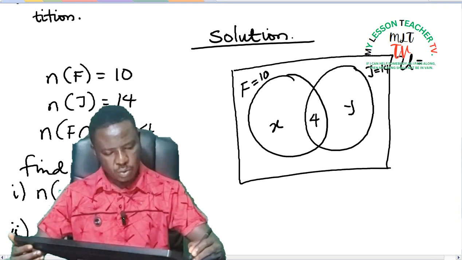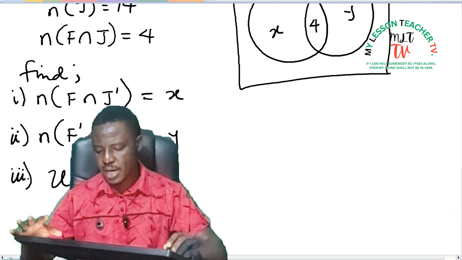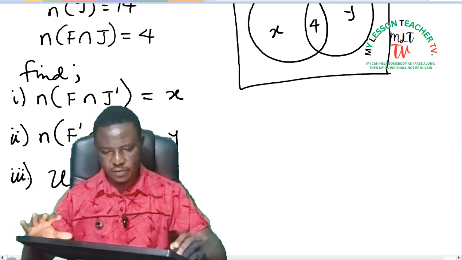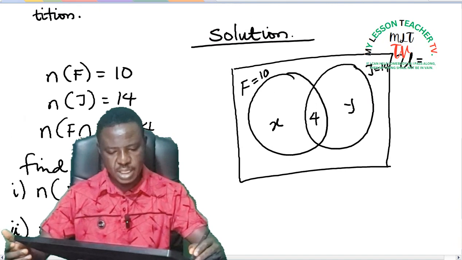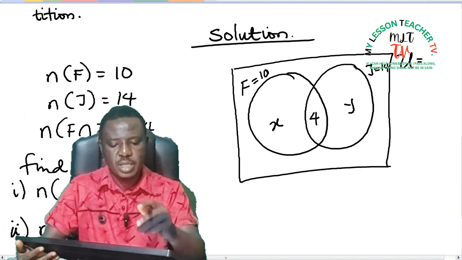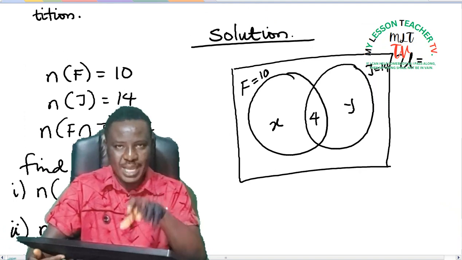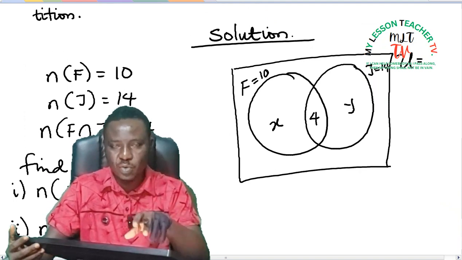Now, the question says we should find x and find y and find the universal set. From the diagram, you can solve this question.